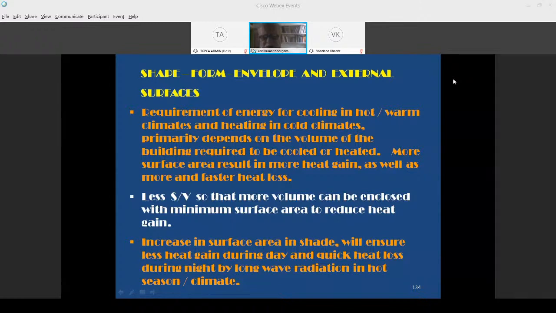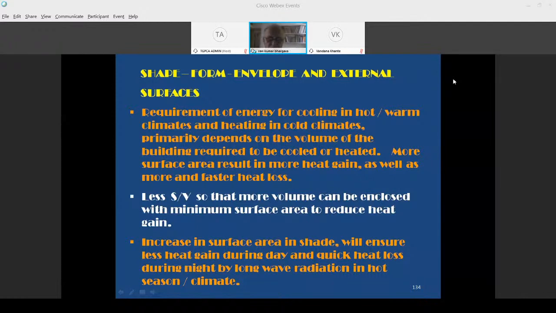In other simple words, we should go for such a form of the building that will enclose maximum volume, maximum space with minimum surface area, so that less heat gain will be there and less energy will be required to cool down.